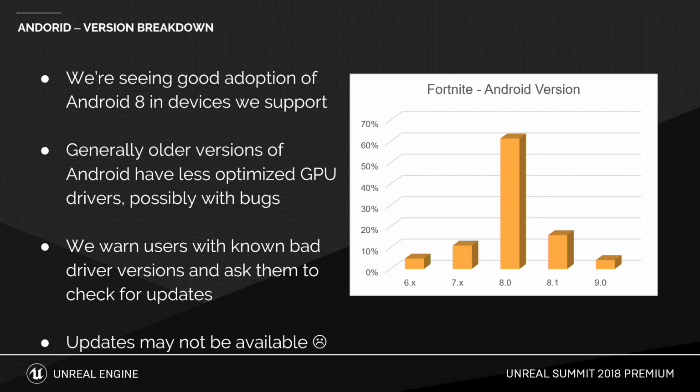And so all we can do is warn users at this point if we don't have a good workaround for the bug. So it's a bit unfortunate because updates might not be available to that particular user.